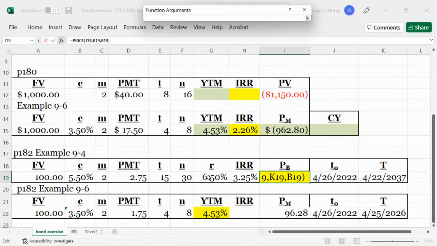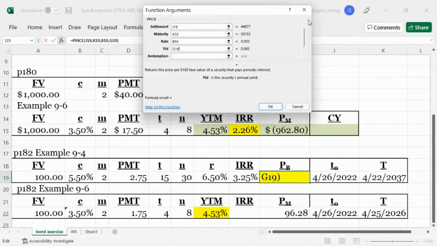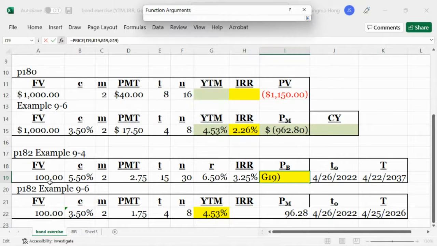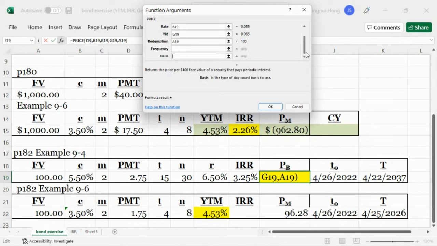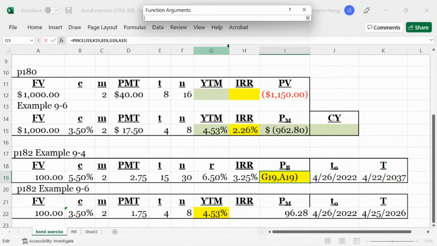Yield, this is yield. Redemption value, this is the redemption value, right? Frequency for a bond is always 2 because it's semi-annual.